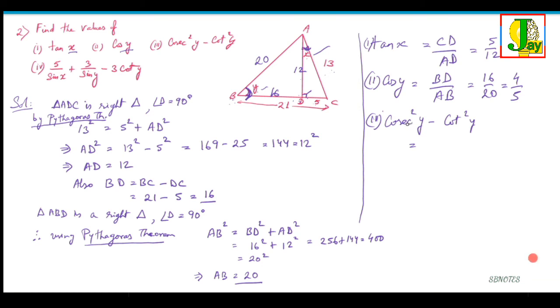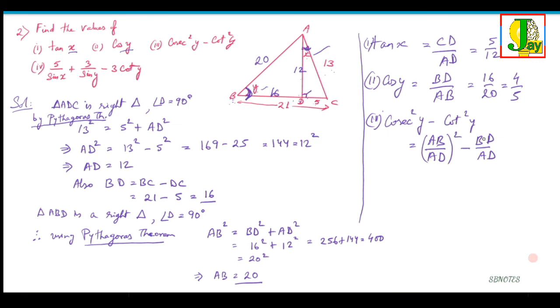Sin y is opposite by hypotenuse, so hypotenuse by opposite you have to find out. For angle y, hypotenuse is AB and opposite is AD. So AB by AD, minus cot y. Cot y is adjacent by opposite, since tan y is opposite by adjacent. So you get BD by AD.